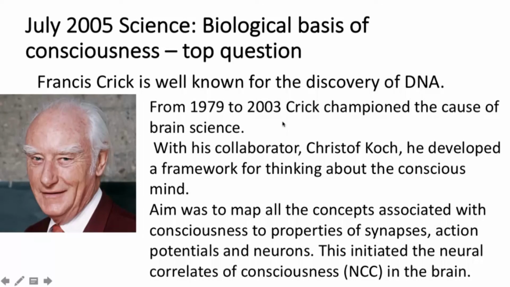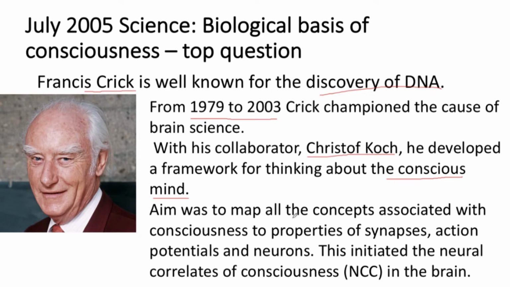We will first begin our journey with Francis Crick. Many of you have heard of Francis Crick as the discoverer of DNA. He in fact got his Nobel Prize for this. But between 1979 to 2003, Crick championed something else. He worked with his collaborator Christoph Koch, and he developed a framework for thinking about the conscious mind, wherefrom the consciousness rises.